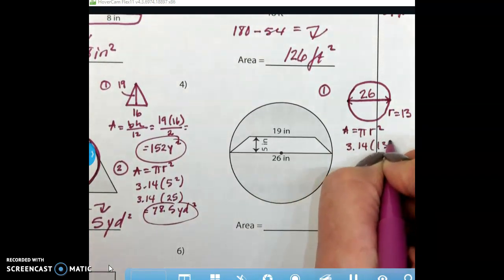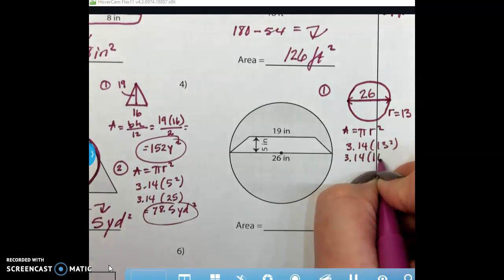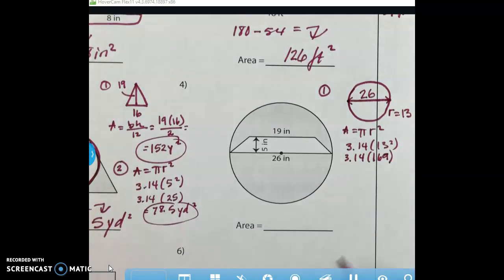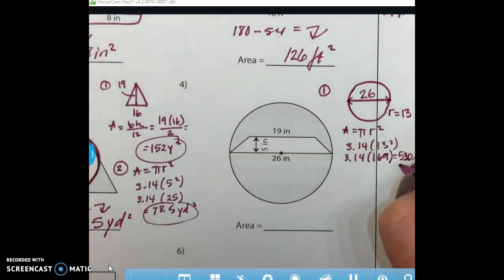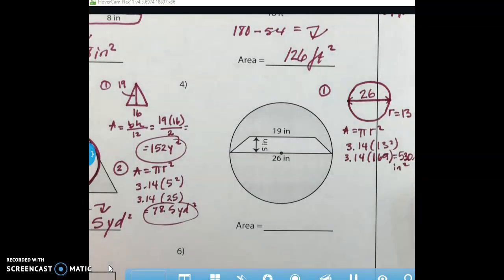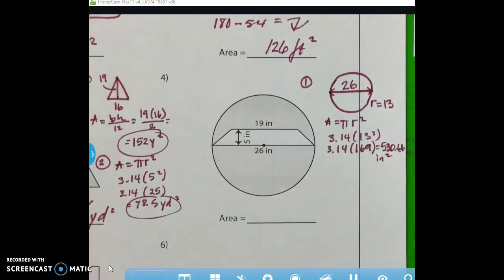Pi times 13 squared, which would be pi times 169, for the total area of 530.66 square inches.